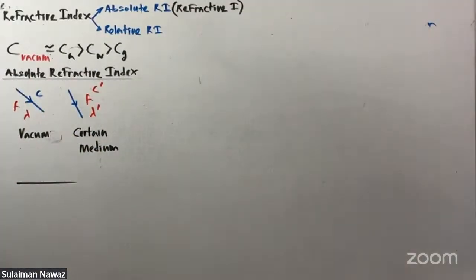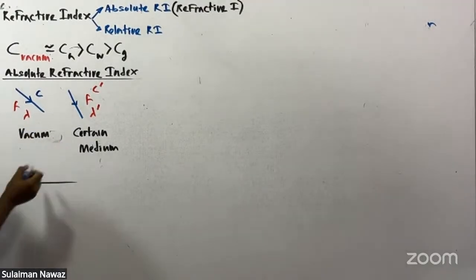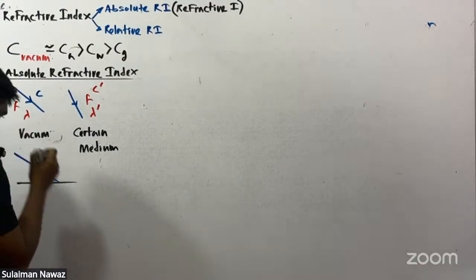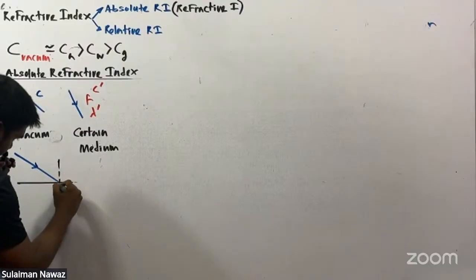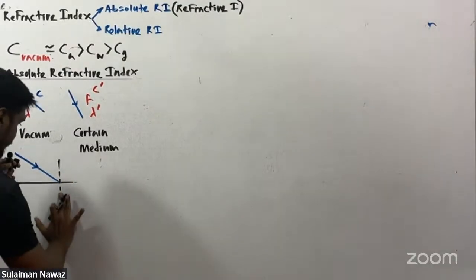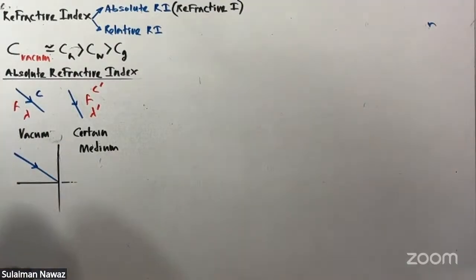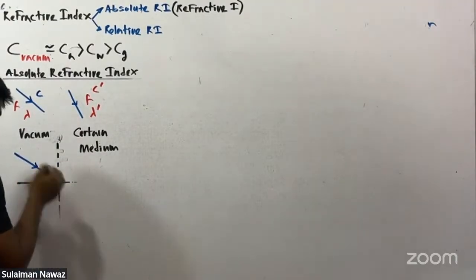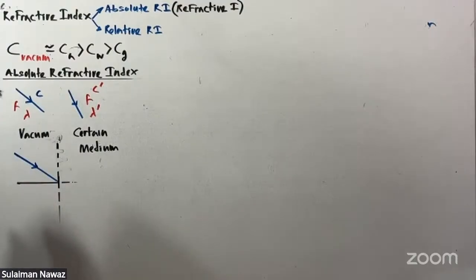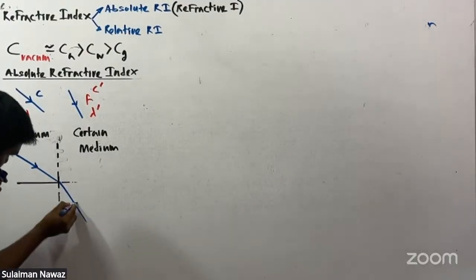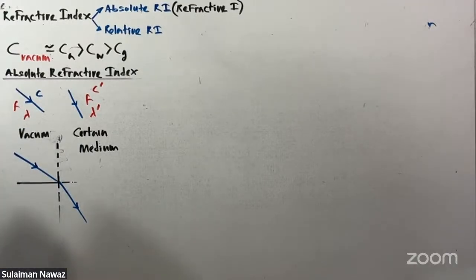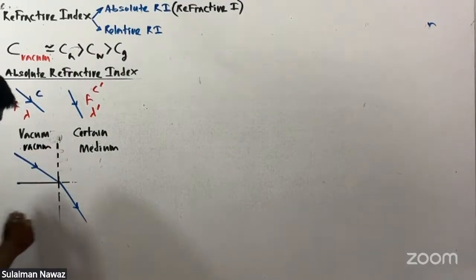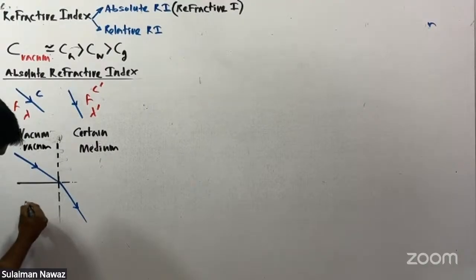Then when a light ray enters from vacuum to a certain medium, it undergoes refraction from rarer to denser, bending towards the normal. The story we know.